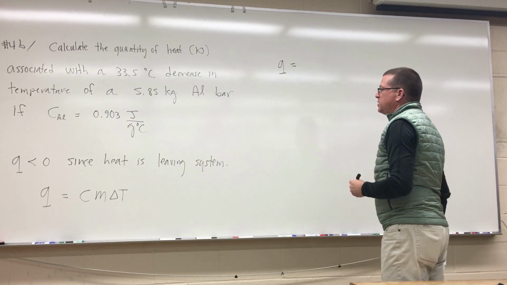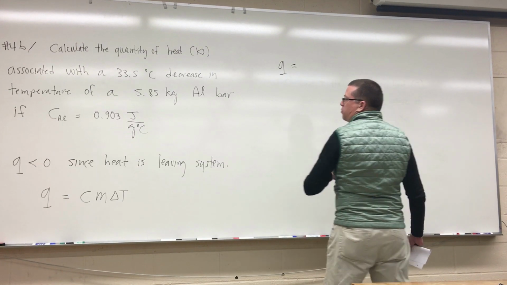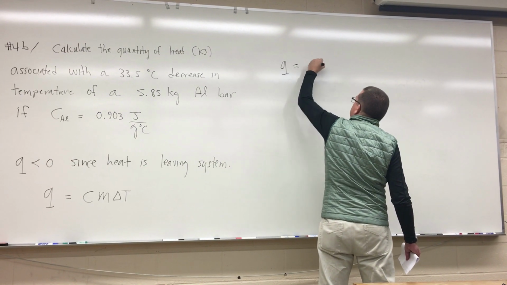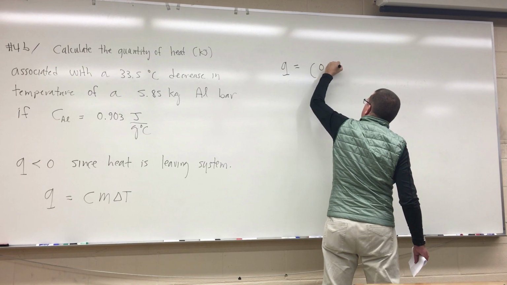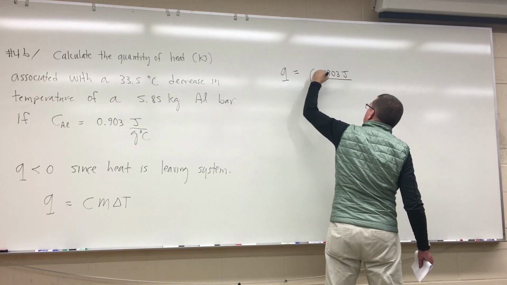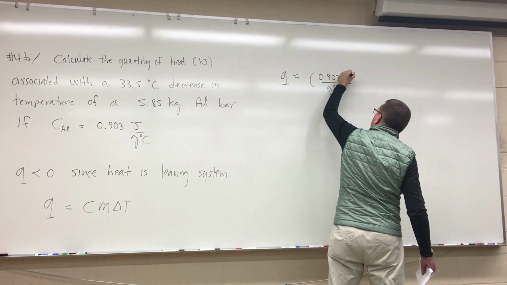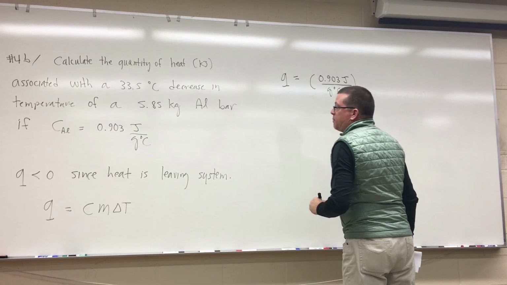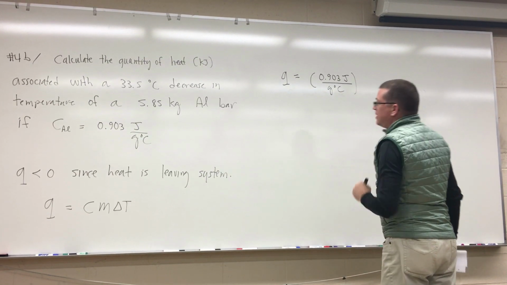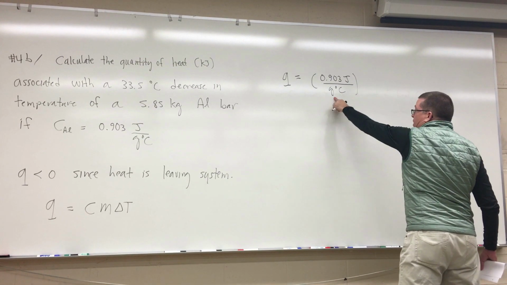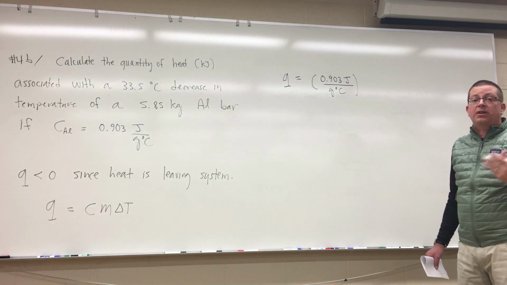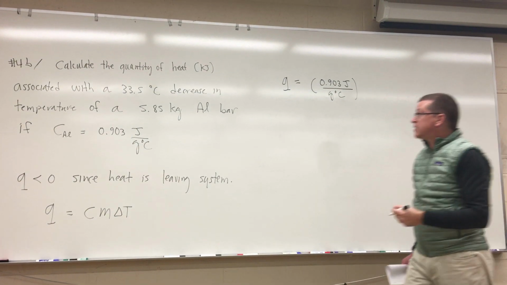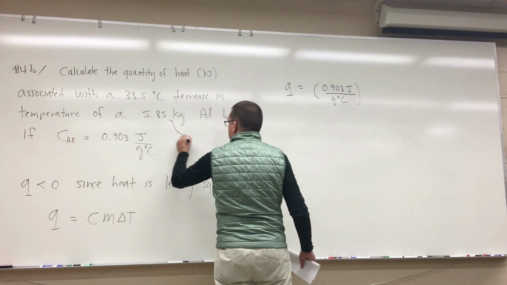First I need the specific heat. That's 0.903 joules per gram degree Celsius. I'm going to multiply by the mass. Keep in mind, since I have grams down here, the mass has to be in grams. I've got kilograms, so I need to do a quick conversion.